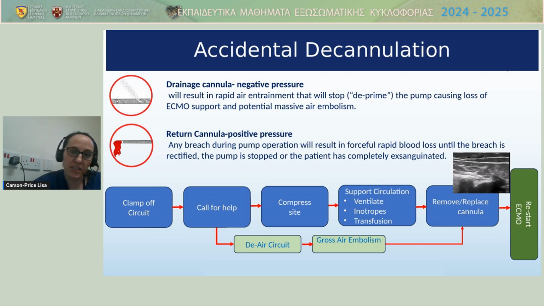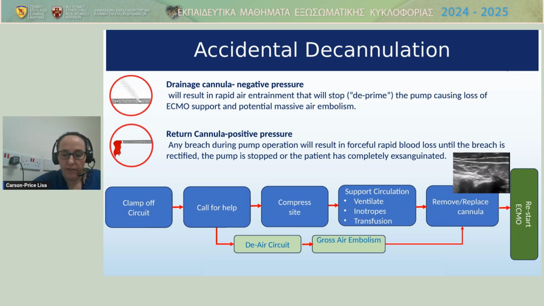Whereas with the return cannula, if that becomes dislodged and displaced, obviously we have a risk of exsanguinating the patient, because it literally expels all the blood from the reservoir. Essentially the reservoir is the patient in this case, so it expels all the blood from the circuit.